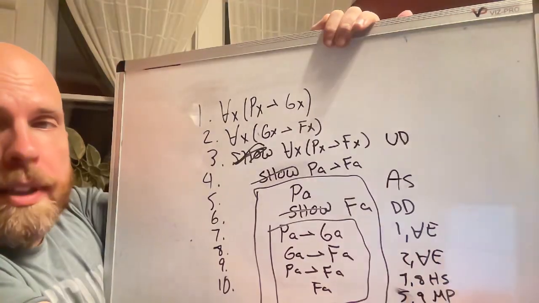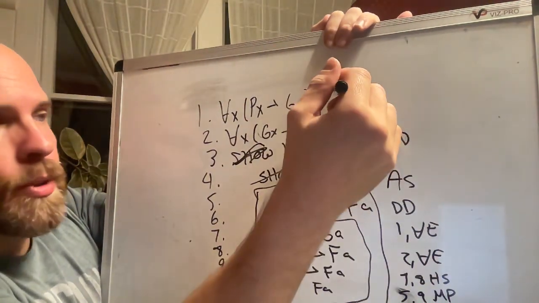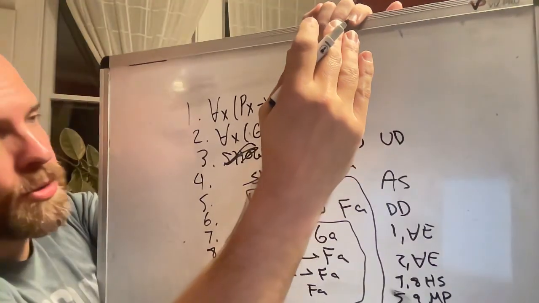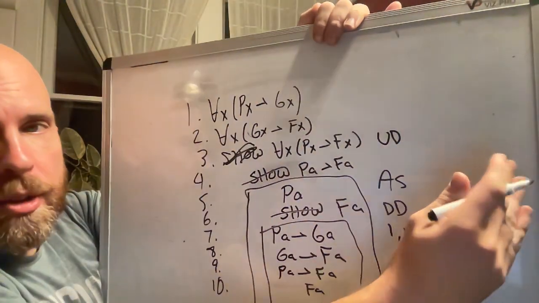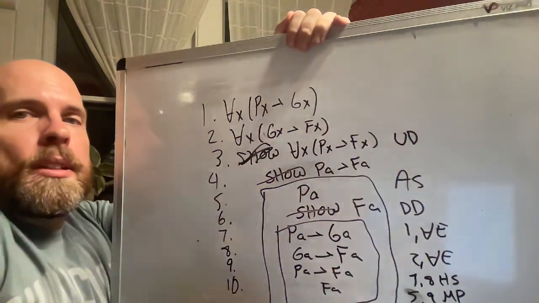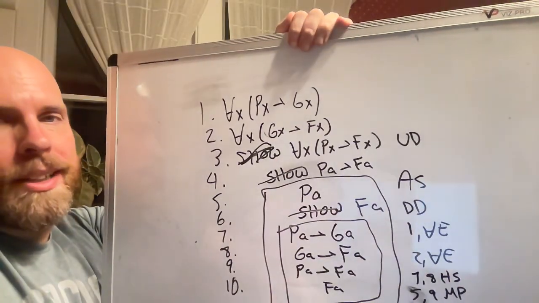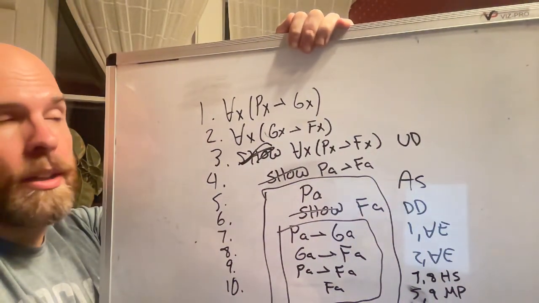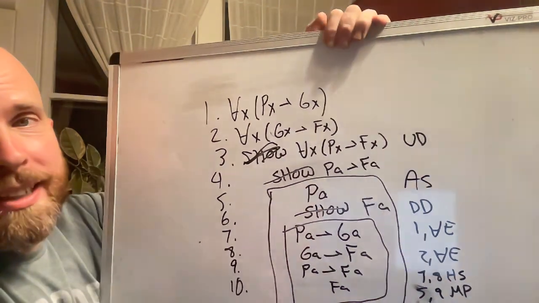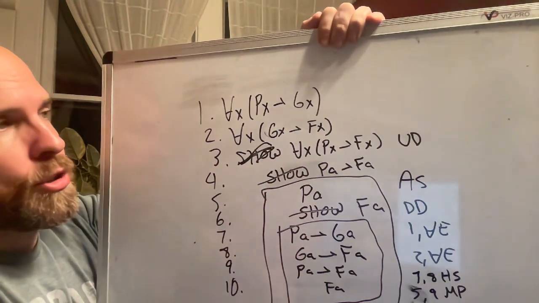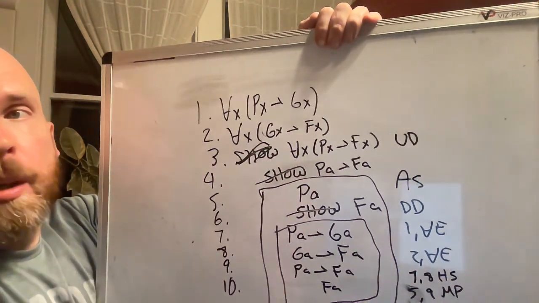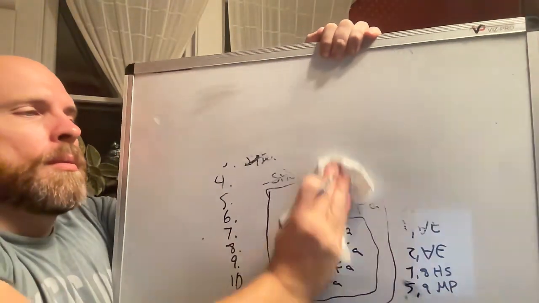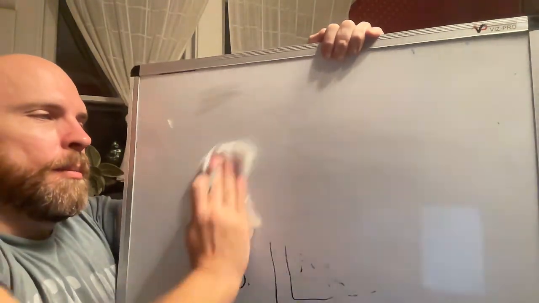Universal derivation. I assumed something held for an arbitrary constant for everything in the domain and demonstrated if PA then FA, which could have been if PF then FF, it could have been if P square then F square, holds for everything in the domain. And now I've proven a constraint on the whole domain just based on that assumption and this method. Okay. All right.